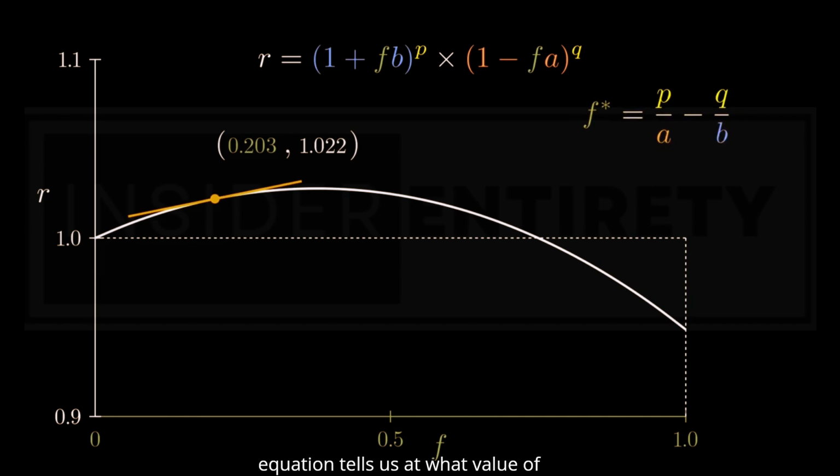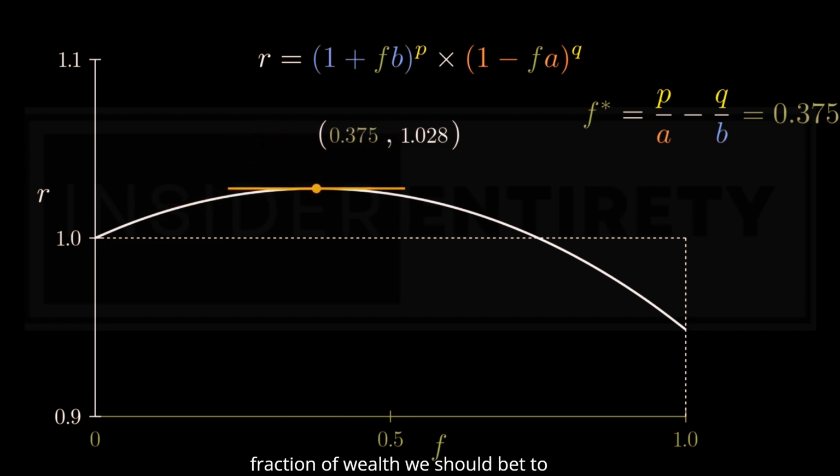This equation tells us at what value of f the curve's peak occurs. Plugging in our values gives 0.375. That's the fraction of wealth we should bet to maximize growth rate. At this fraction, the mode growth rate is 1.028 per coin flip.